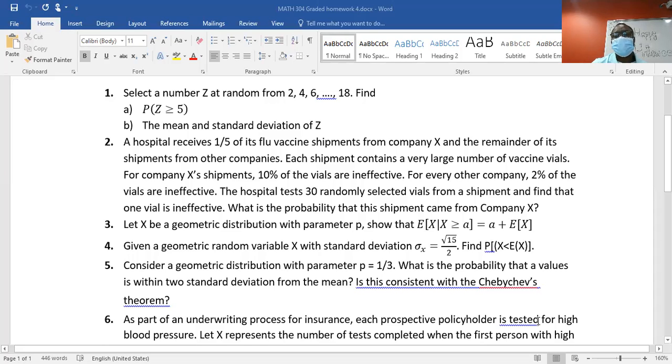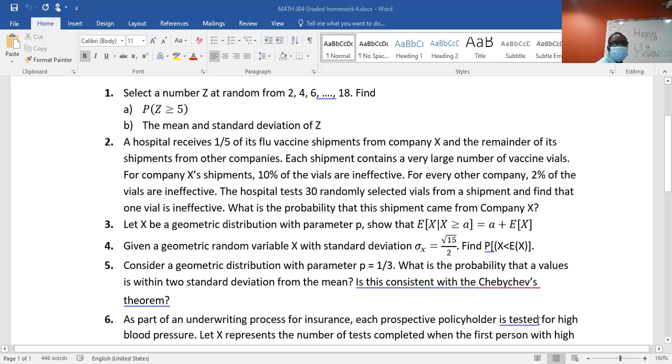You want to use the definition of conditional probability here. Let me use a whiteboard.